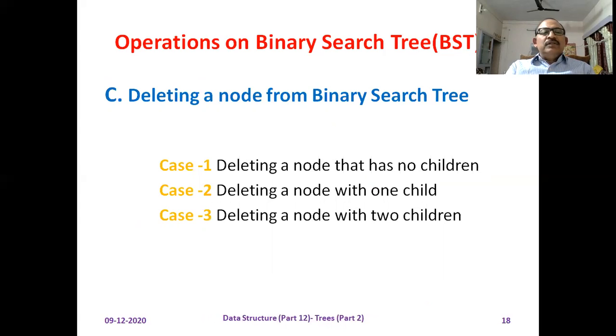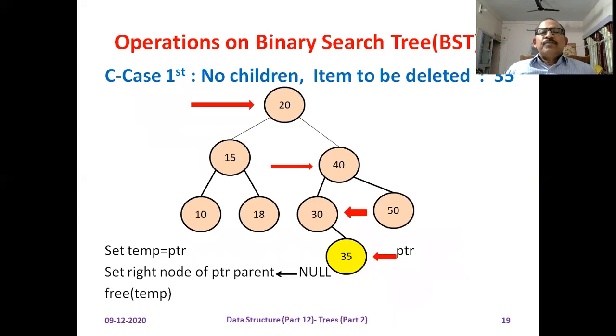One by one, we will see these 3 cases. Suppose, case first, no children, item to be deleted. And suppose we want to delete the node 35. Is it clear? And the 35 has no child node.